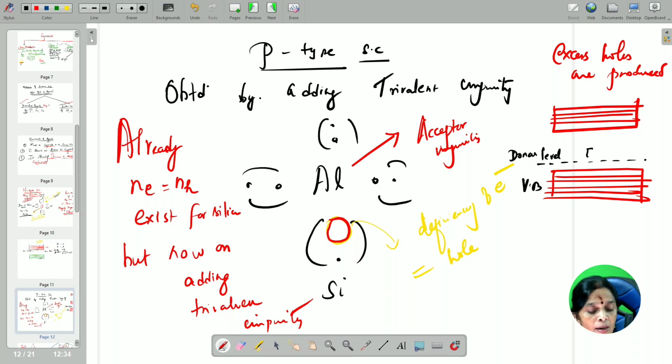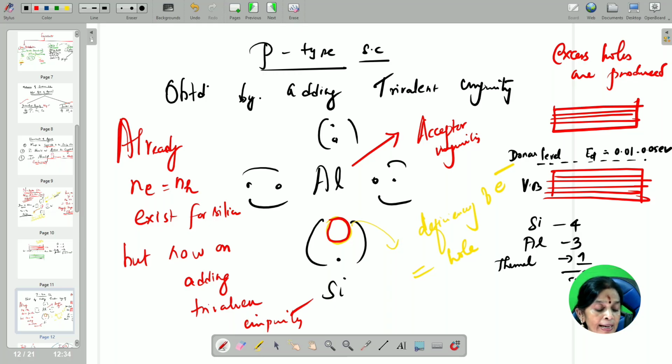This level ED varies from 0.01 to 0.05 eV. Now silicon has 4 valency, and the trivalent impurity aluminum has 3, and only 1 is thermally generated. So, therefore, 7 plus 1 is 8. So, 8 holes you have to show here in the valency band.